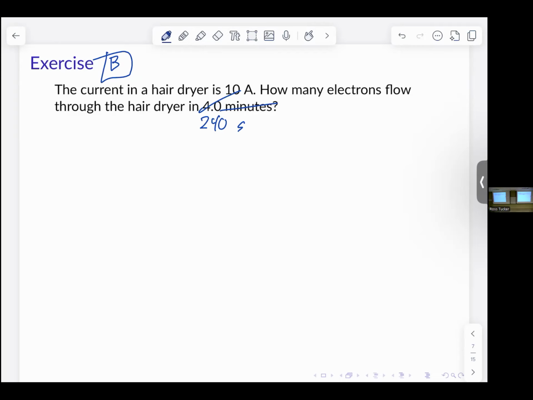All right, I know the amps and I know the seconds. What can I find? How did I define the amp again? What is the amp? It's how many coulombs per second. So each amp is some number of coulombs per second. I give you amps, I give you 240 seconds. What can you find?